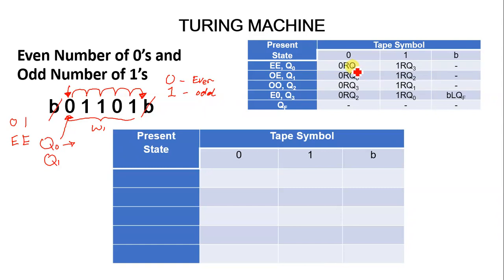So what is Q1? This state Q1, from even at Q0, because we read the symbol 0, is not even anymore.